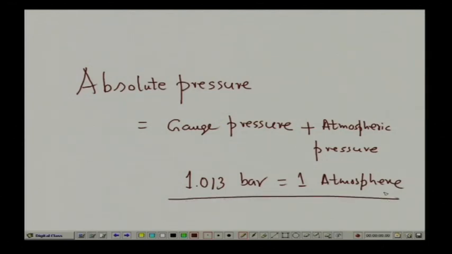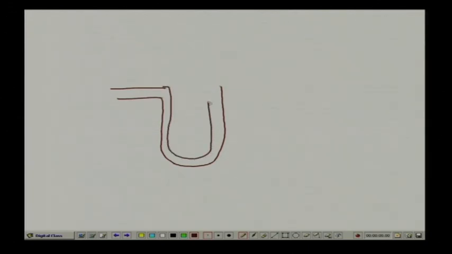Now, let us look at the basic principle. You see that we have a U-tube. This side relates to the atmospheric pressure, and this is the unknown pressure which is coming in here.